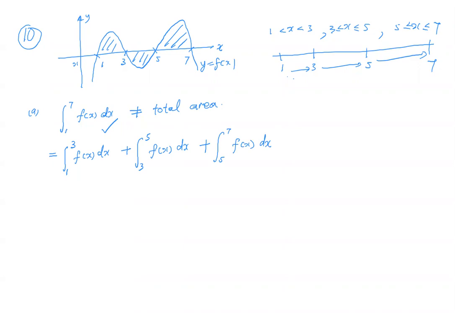Okay. So I want to explain each of these definite integrals. What does it represent, right? So I go back to my diagram. I label this as A, this as B, this as C. Can or not?